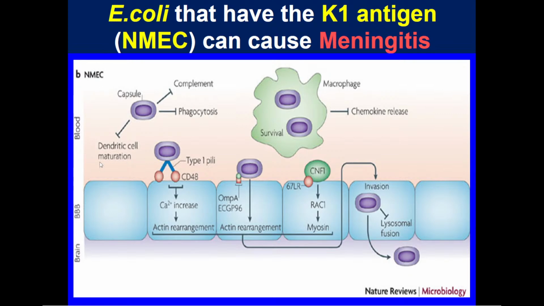So how does it happen? You can see here the Escherichia coli that has a very heavy capsule that may inhibit the complement activation, that can inhibit phagocytosis, and the capsule may inhibit also dendritic cell maturation.